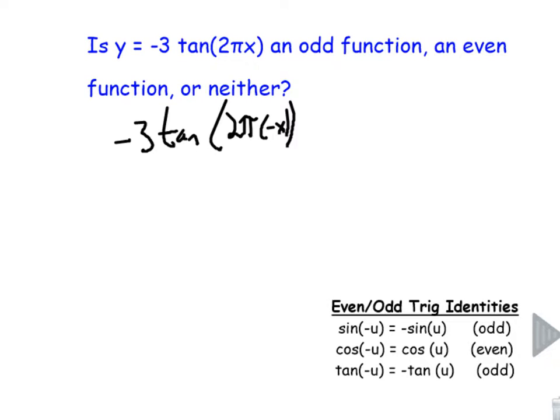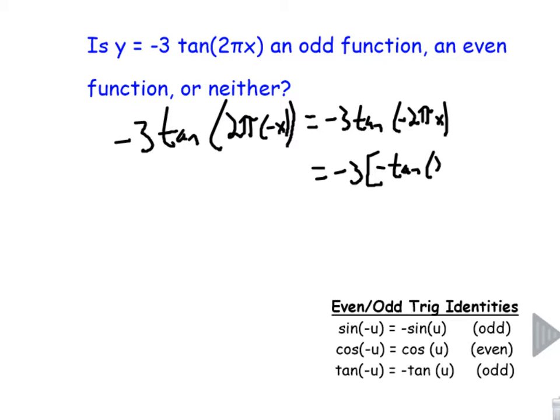If you plug in a negative, you get the opposite of the function. So up here, let's simplify on the inside first. We got negative tangent of negative 2 pi x. Well, tangent is an odd function, so we have negative 3 times negative tangent of 2 pi x.